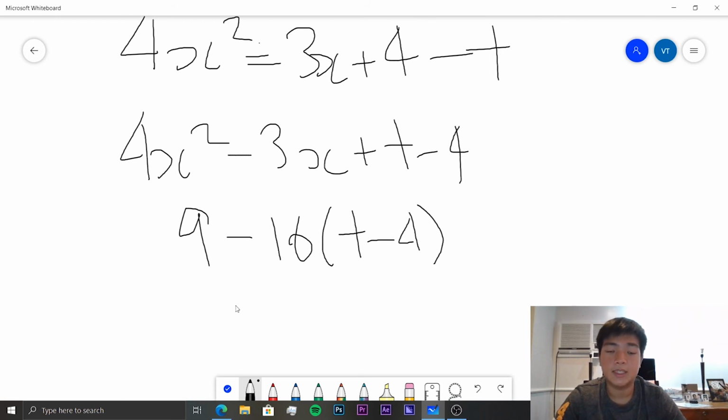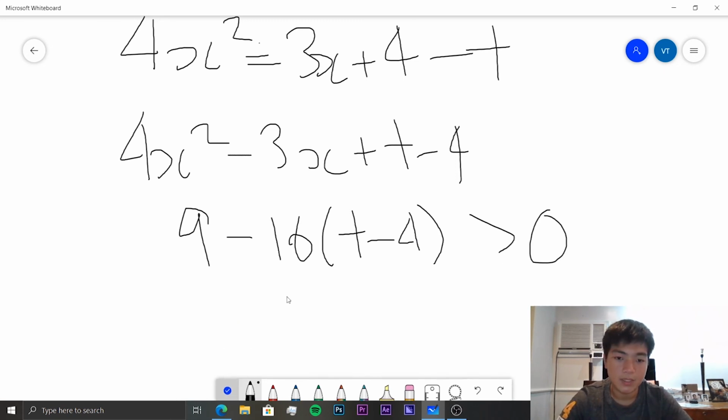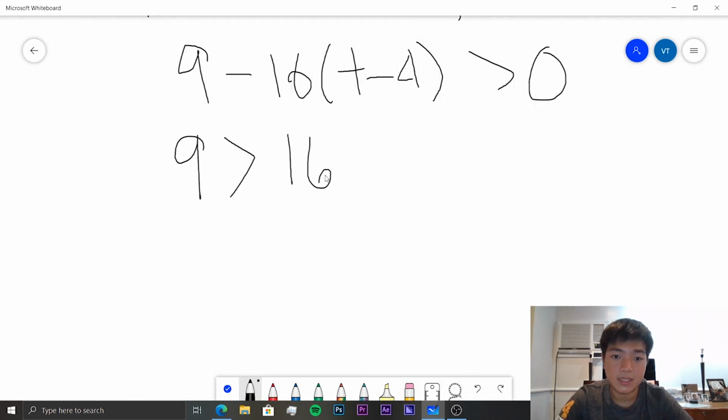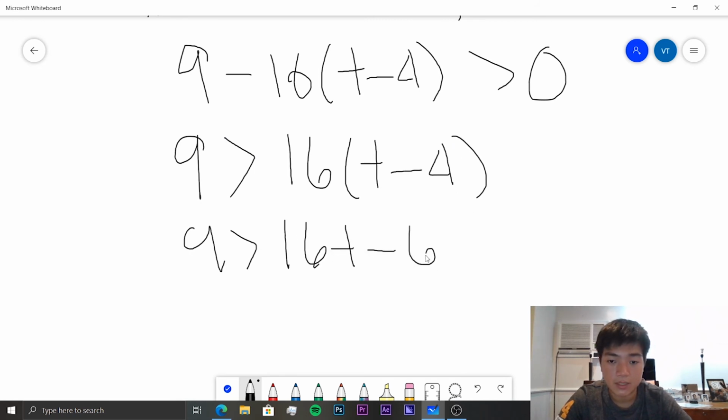In the case that there are two real roots, this has to be greater than 0. So we have 9 is greater than 16 times t minus 4. In other words, 9 is greater than 16t minus 64.